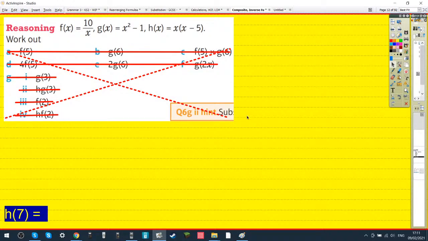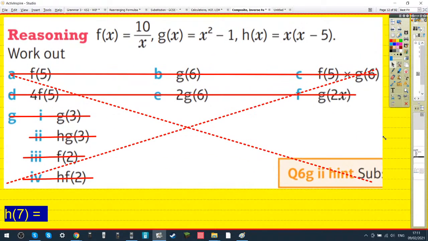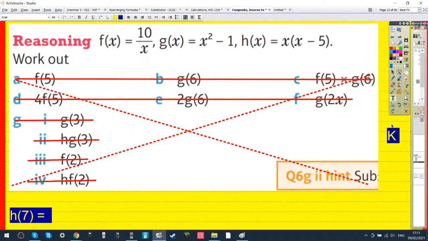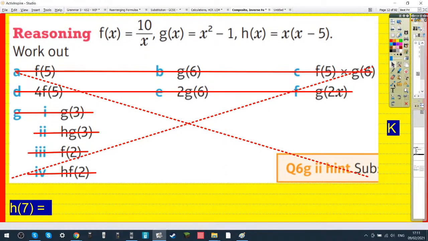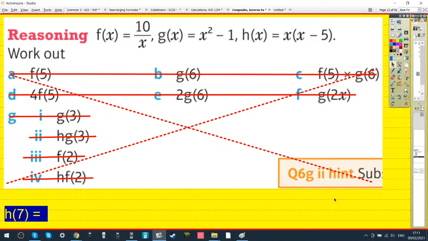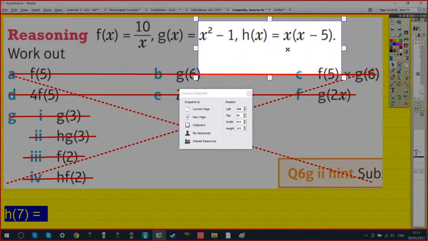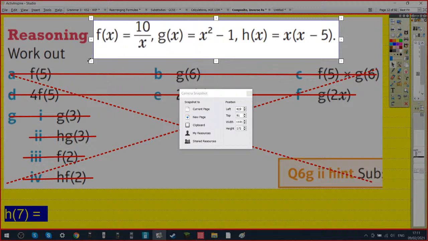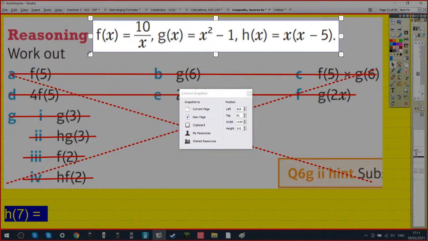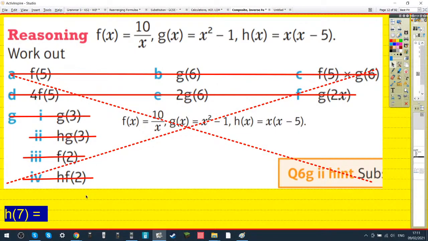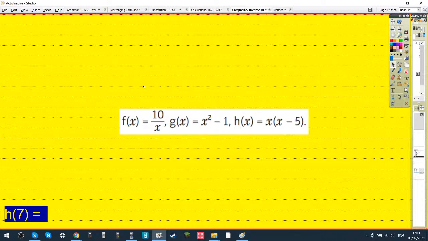That would be... so 7 would be inside and outside, so it would be 49 minus 35. Yeah, what is that? And that's 14. And let's do it the other way.